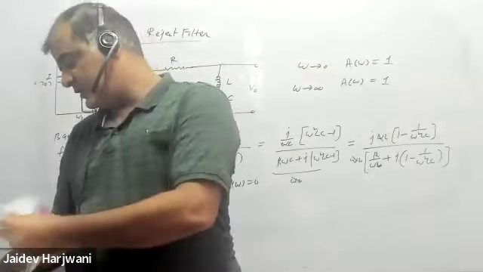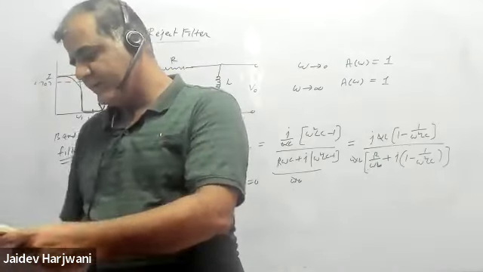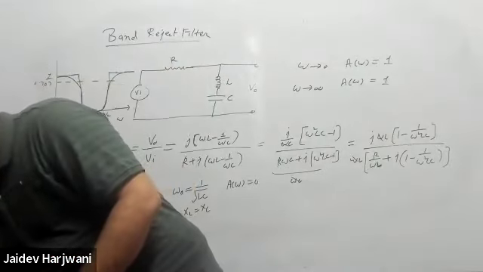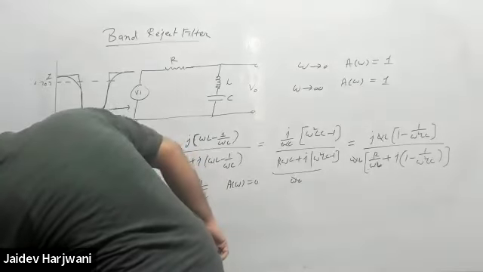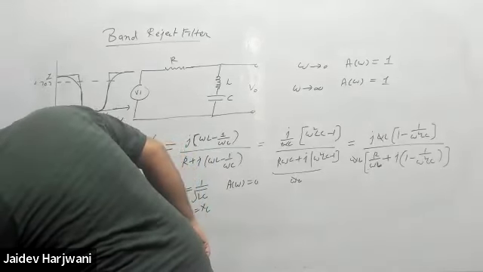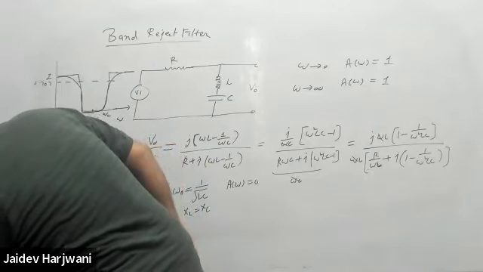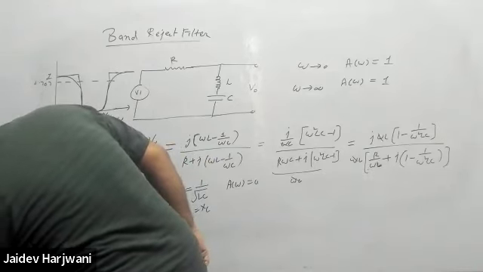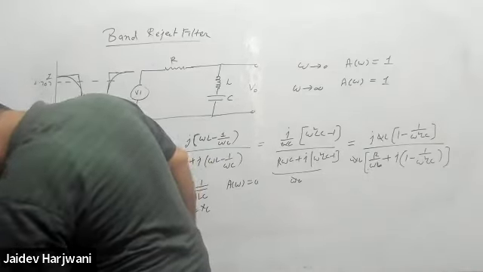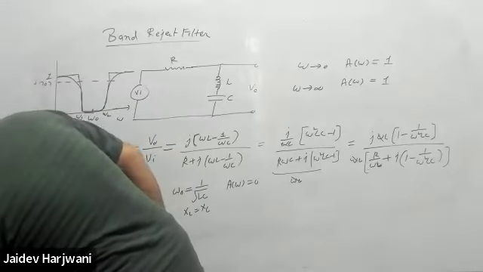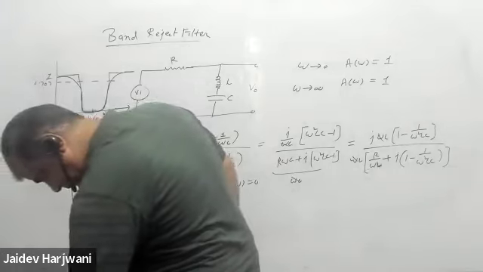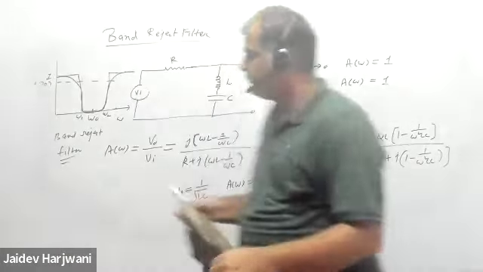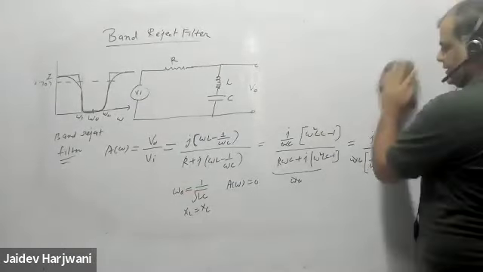Okay, now we'll use op amp. We'll involve the op amp and we'll find different kinds of filters. Let me start with a low pass active filter. These were passive filters.